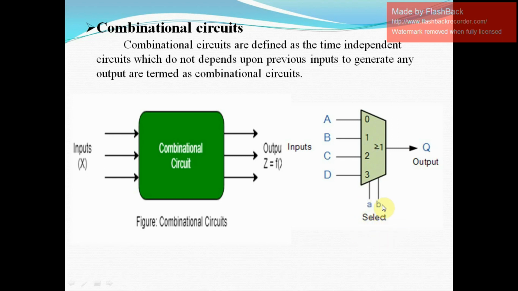If the select lines are 0 0, then Q is equal to A. If the status is 0 1, then Q is B. If the status is 1 0, then Q is equivalent to C, and if the status is 1 1, then Q is equivalent to D. If you observe carefully, Q depends totally upon the present status of the select lines. There is no past input or feedback given from the output to the input. Hence, the output depends totally upon the present status of the input. This is about combinational circuits.